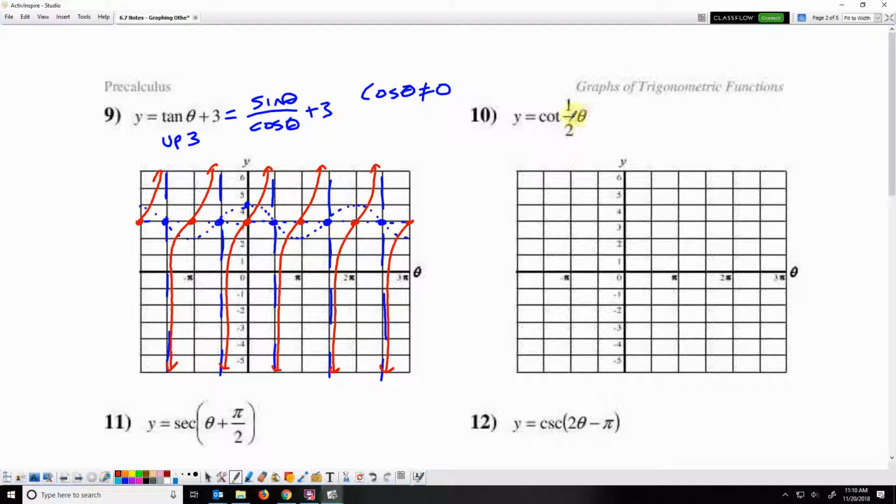Number 10, y equals cotangent 1/2 theta. That 1/2 right there is inside of that cotangent function, so it is going to be a horizontal dilation by 2.